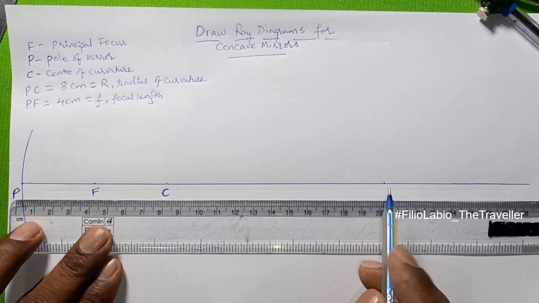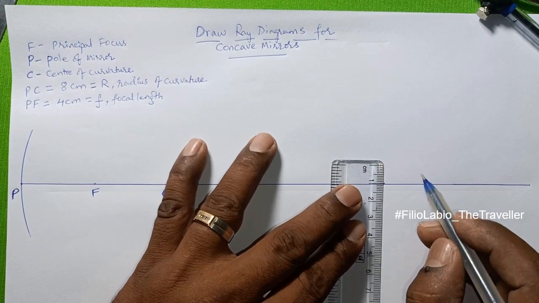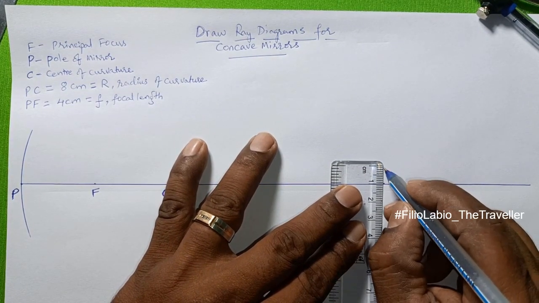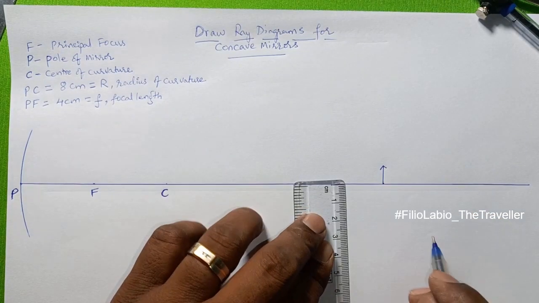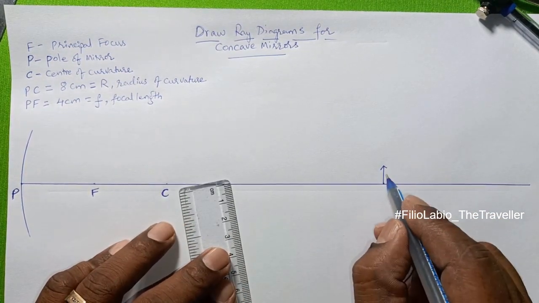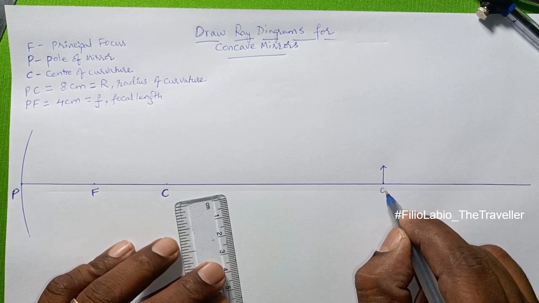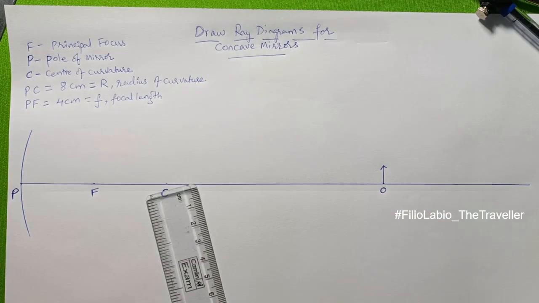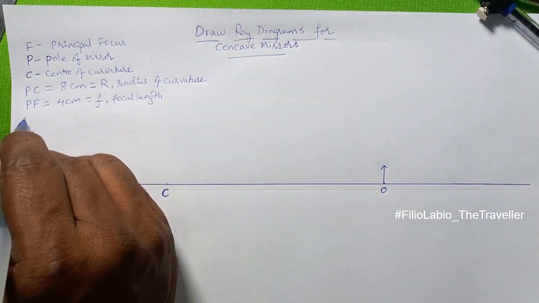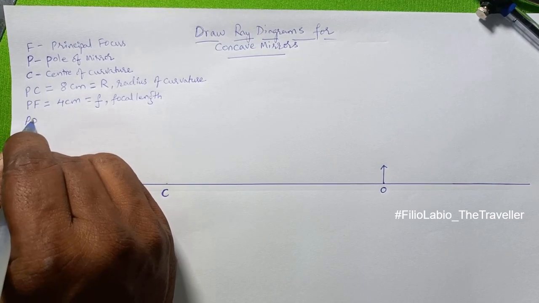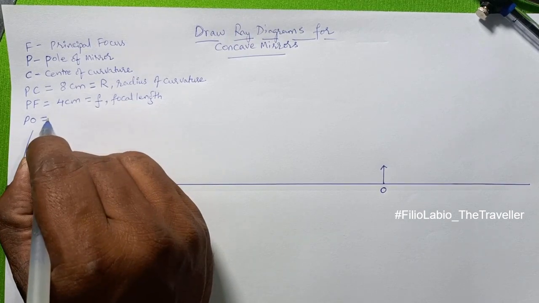Now, at this point, measure vertically around 1 centimeter and draw object with an arrow mark. This is called as object, represented with O. The distance between P and O is called as object distance.